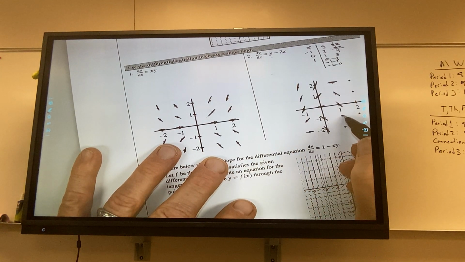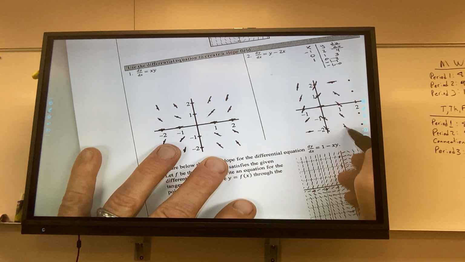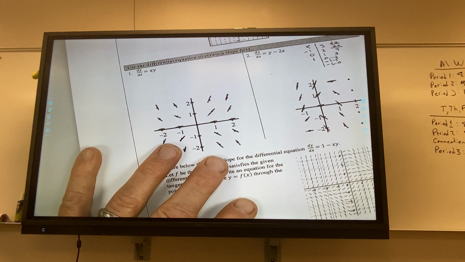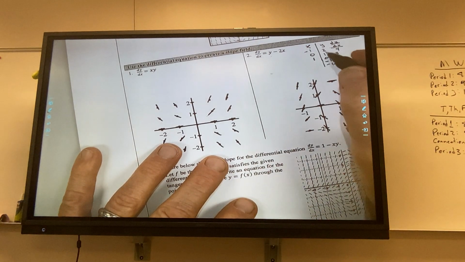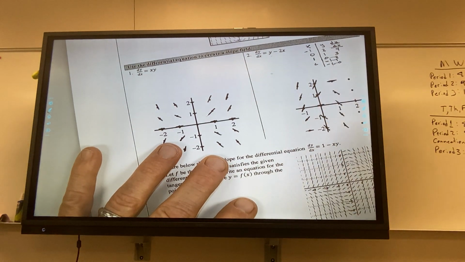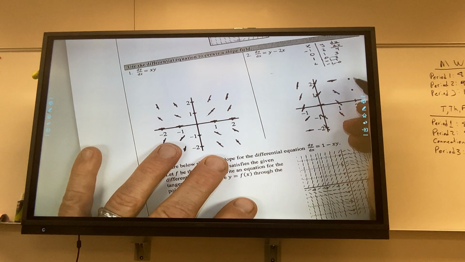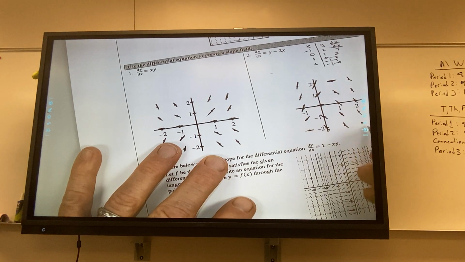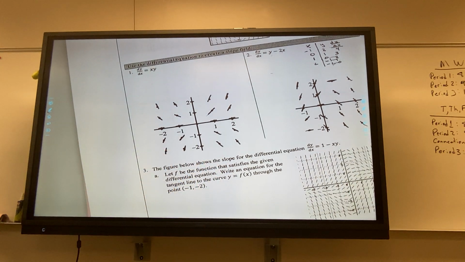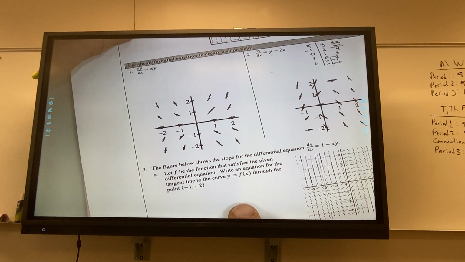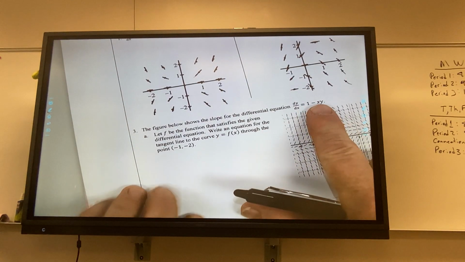So here I'd have a negative 1 minus 2 would be a negative 3. And this would be a negative 4, almost vertical. And then I made x 2, so that's going to be a minus 4. And I ended up getting a lot of negatives here, so I just kept them like that.